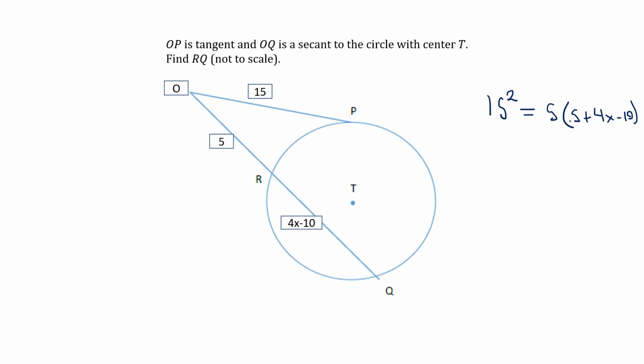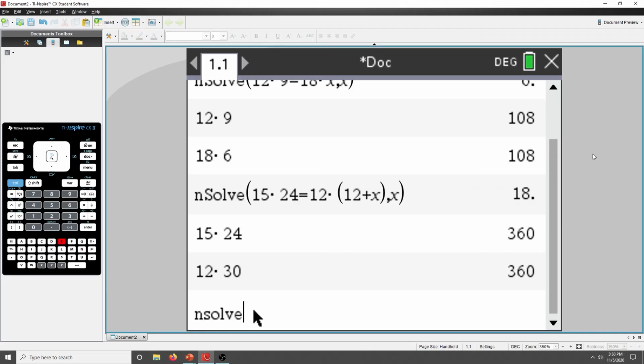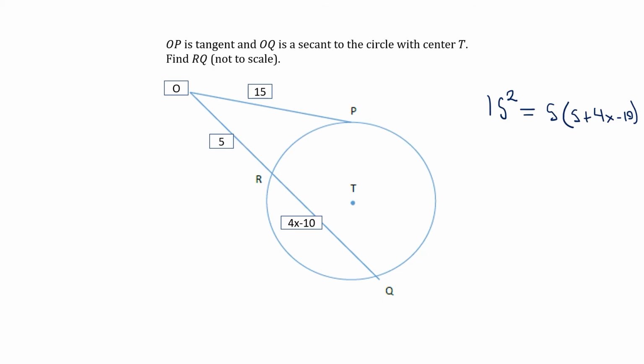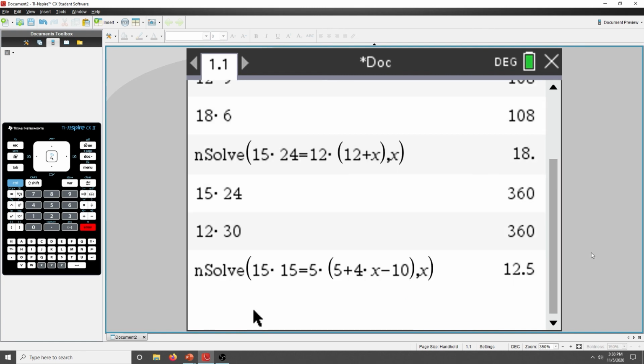Again, make sure that this is in parentheses, and you add together the two parts as you need to get the whole. And let's NSolve that. 15 times 15, 15 squared, whatever, equals 5 times 5 plus 4x minus 10, I believe. Yep. Comma x. 12.5. So x equals 12.5.